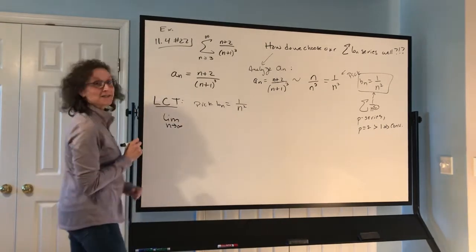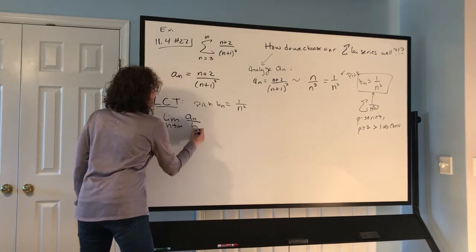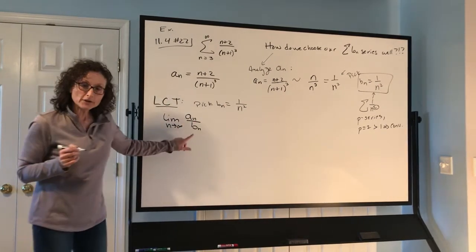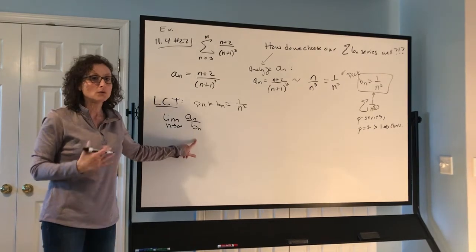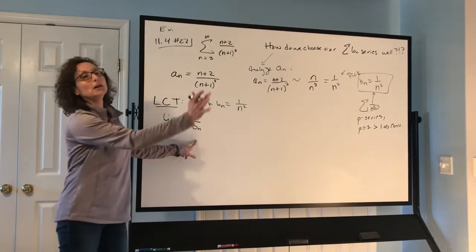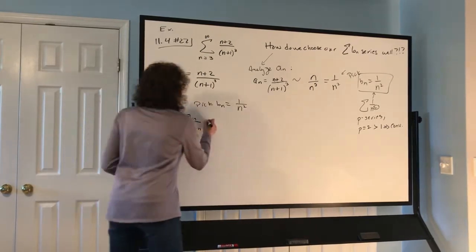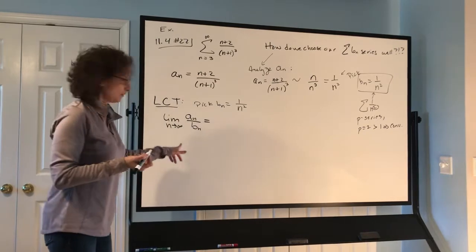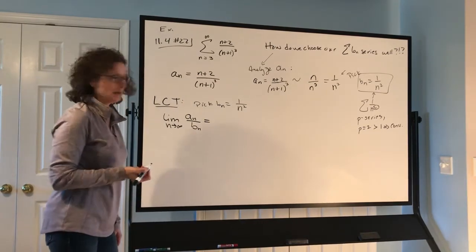The limit as n goes to infinity of what, right? An over Bn. Again, it is not overkill to write that down in general first so that you don't forget, as we keep developing more and more tests, what you're doing and why you're doing it, right? It's one little extra stroke or a few little extra strokes that will save you lots of extra headaches later.